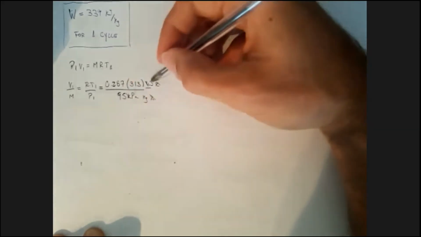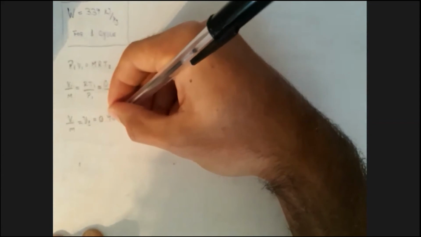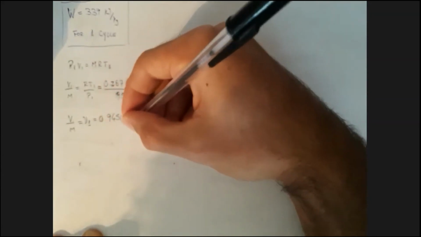Our kilos go away, and then the joules and pascals leave meters cubed, right? So my V1 over my mass, which is the same thing as my specific volume from state 1, is 0.9456 meters cubed per kilogram.